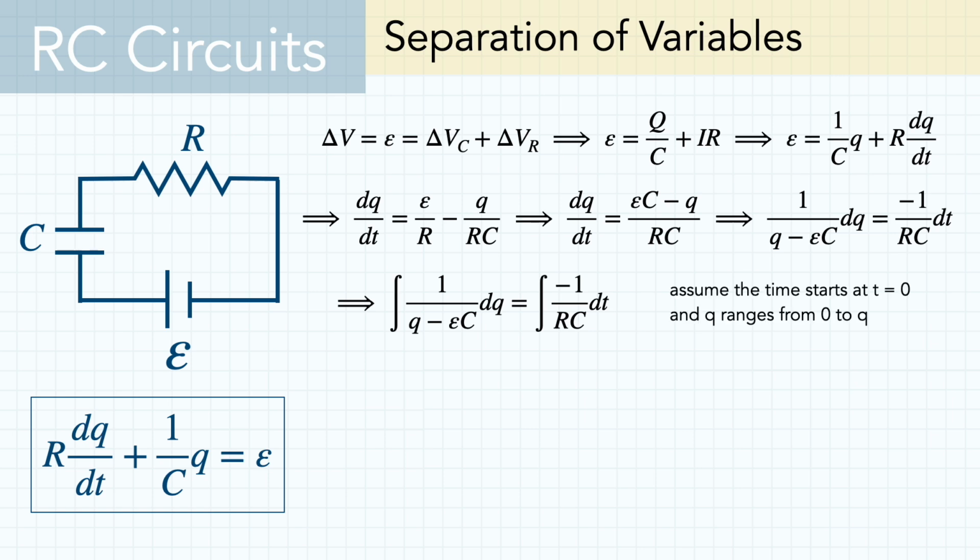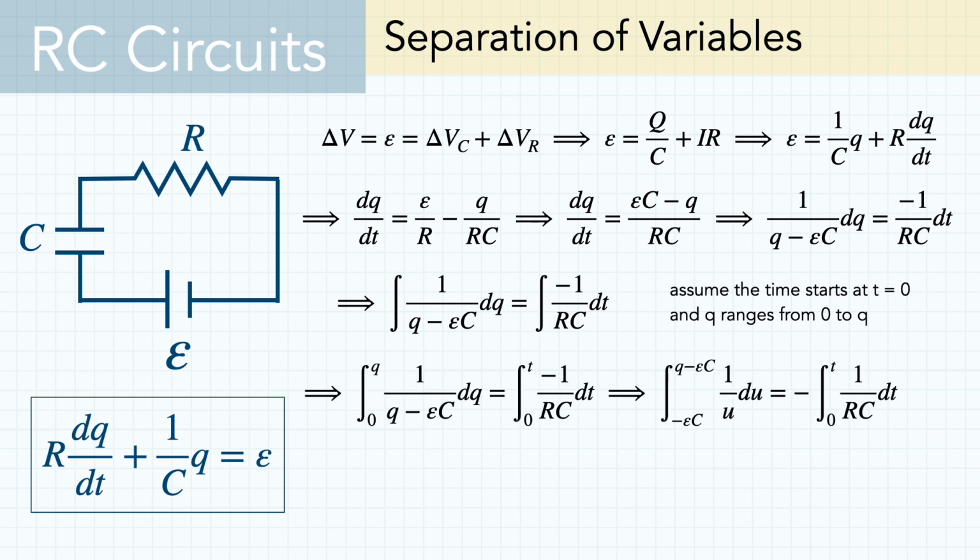And here we're going to assume that time starts at t equals 0 and Q ranges from 0 to Q, which is just the maximum charge, to set the bounds of our integrals. So here we're just using U substitution to set U equal to Q minus epsilon C, and then we change our bounds accordingly.